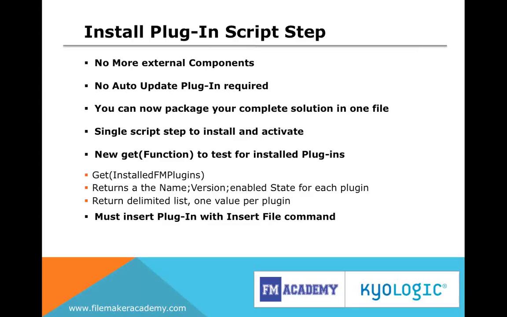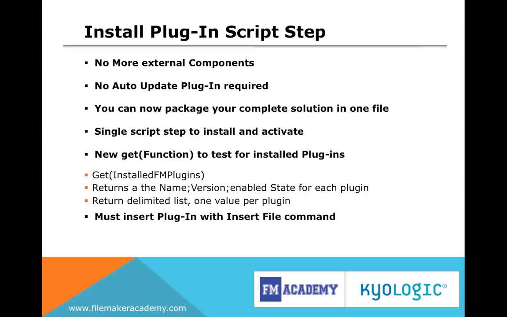To help this new script step, we were also given a new get function called Get(InstalledFMPlugins). This function will return a return-separated list or value list that has 3 elements in it separated by semicolons: the name of the plugin, the version number, and the enabled state of whether the plugin is turned on or off, which the user can control in the FileMaker Pro Preferences plugin tab.